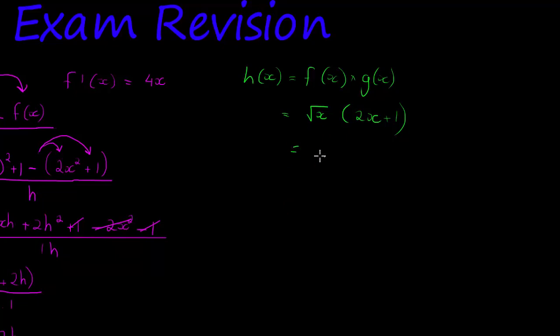So 2x times the square root of x is 2x to the power of 3 over 2, plus x to the power of a half. Okay, so all I did was just multiply this in, and then simplify this further: 2x^(3/2) plus x^(1/2).